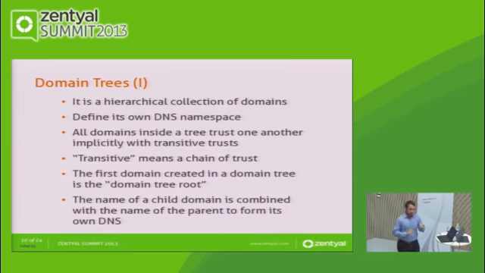When you create subdomains, a relationship is created between the parent domain and the child domain. It's a transitive trust relation. So if we have three domains chained, A, B, and C, if A trusts B and B trusts C, that means that A trusts C. In practice, this means that a user can log on and access all of the other domains transparently.